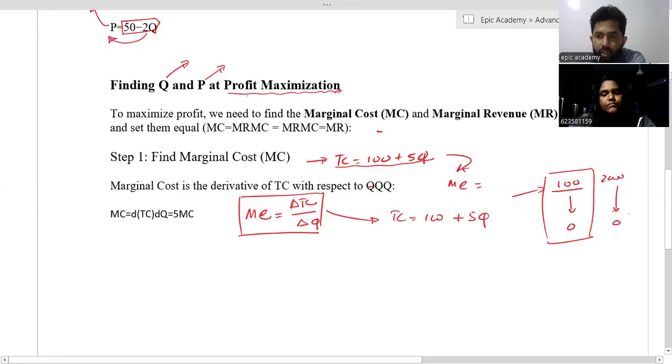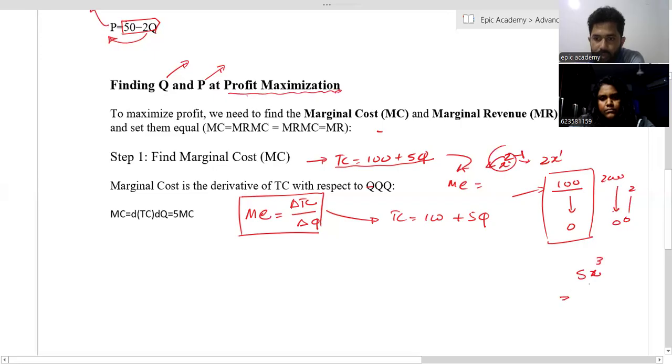If it is 2, it also becomes 0. So how can we derive the other terms? If you have x squared, the derivative must be 2x. Take the power in front of the x value and subtract 1 from the power. That's the theory.